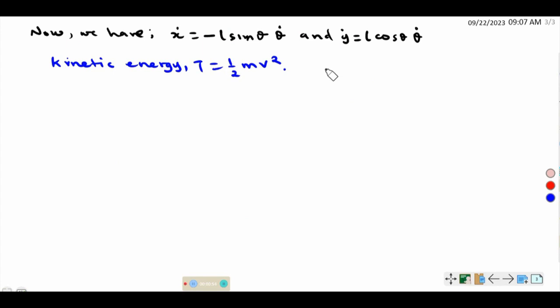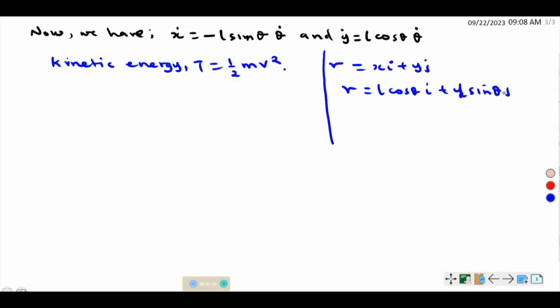From here, at that given point, we can obtain R, which is the same as xi plus yj, because it is having both x and y components, which means that R is actually the same as L cos of theta i plus y. Y we have seen that one is the same as L sine of theta j.